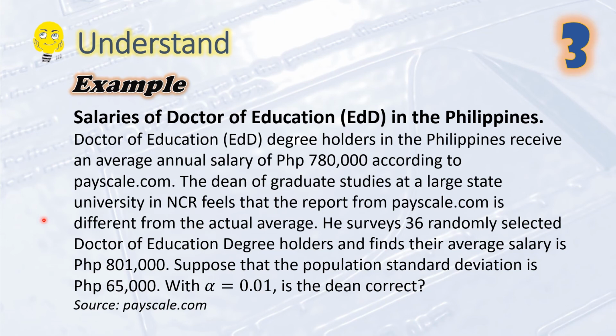He surveys 36 randomly selected Doctor of Education degree holders and finds that their average salary is 801,000 pesos. Suppose that the population standard deviation is 65,000 pesos, with alpha equal to 0.01. Is the Dean correct?